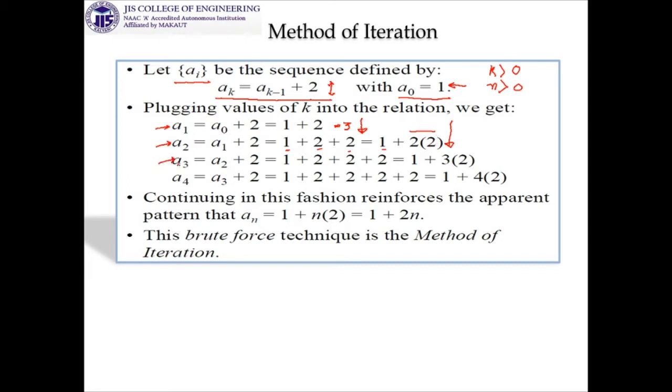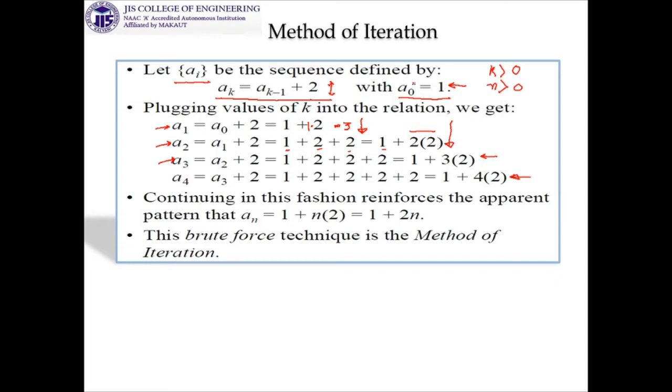Now a3 will similarly be a2 plus 2. a2 is 1 plus 2 plus 2, then plus 2 is for this, so here we get 1 plus 3 into 2. Similarly a4 is 1 plus 4 into 2. Now look at this: we can think of it as 1 plus 1 into 2, 1 plus 2 into 2, 1 plus 3 into 2, and so on.